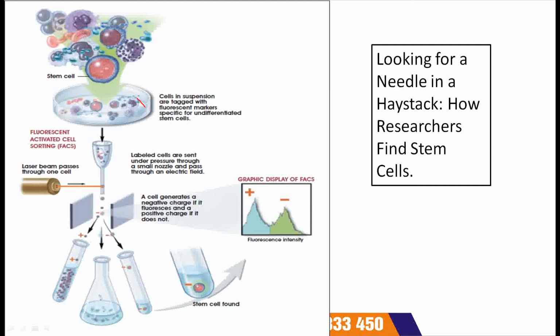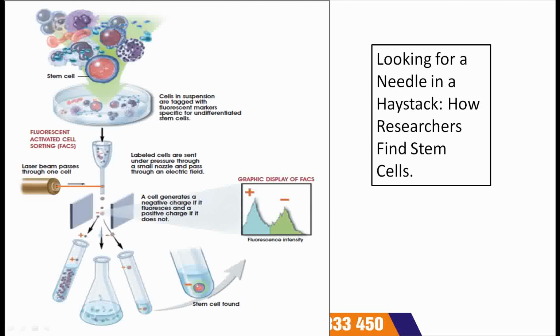You can see that the cells in suspension are tagged with a fluorescent marker specific for undifferentiated stem cells. As we know, all kinds of cells are present in this medium and we have to isolate stem cells. So how can we do it? We can do it by giving a particular type of fragment or molecule, a fluorescent molecule, that is specific for stem cells.